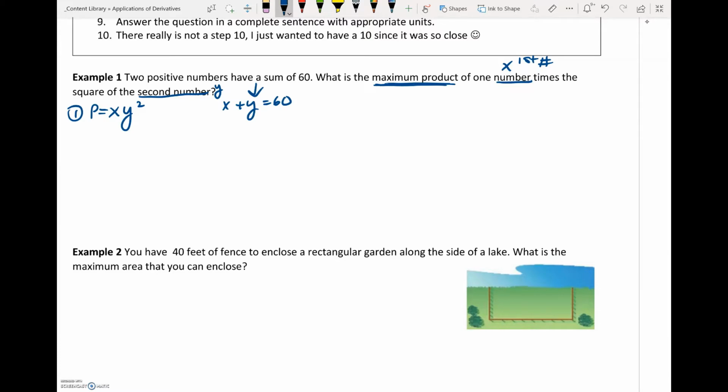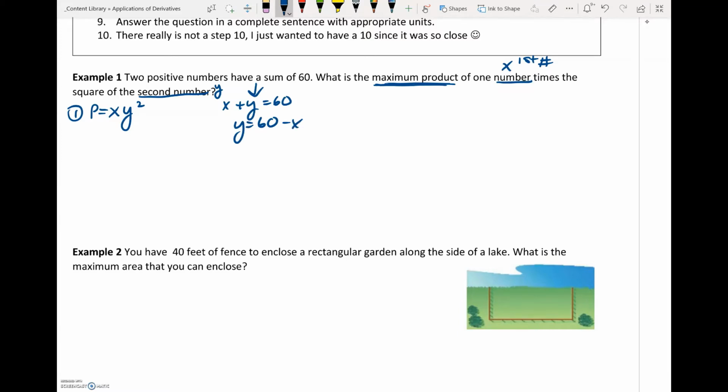The thing is, we don't really want to differentiate this with terms of x and y inside there, but we do have enough information to do this all in terms of x or all in terms of y. I'm just going to do everything in terms of y. It really doesn't matter what you choose.